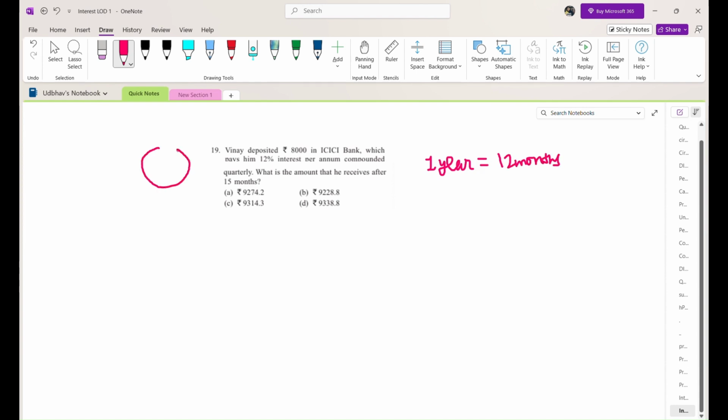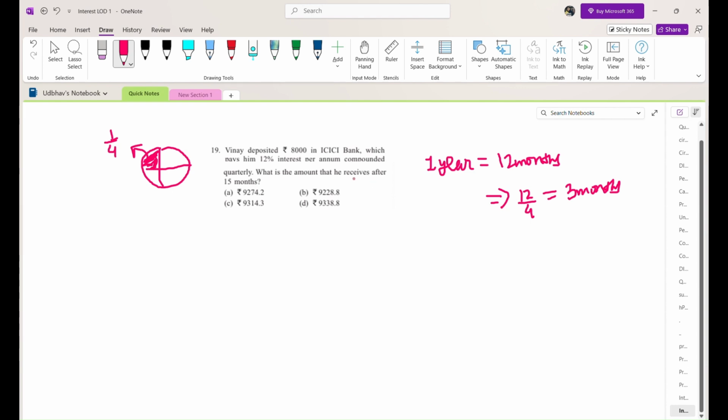If you see a circle, a quarter is this part, right? This is 1/4. So quarter means 1/4. So a quarter of a year will be 12 upon 4, that is 3 months. So the interest is being calculated every 3 months.